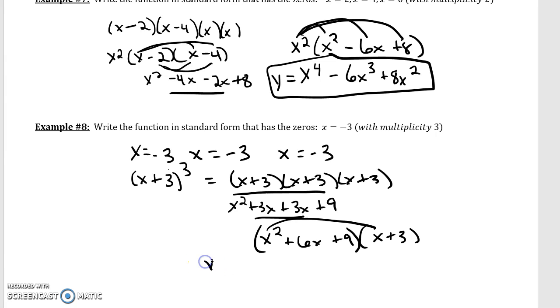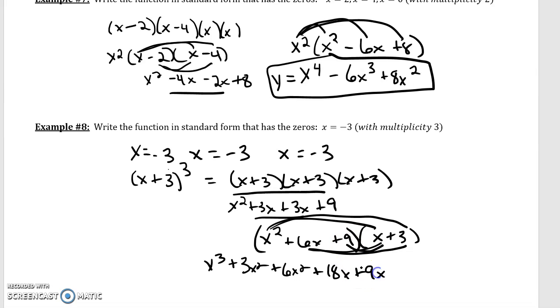So x cubed, 3x squared, 6x squared, 18x, 9x, and 27. So x squared, oops, that's wrong.